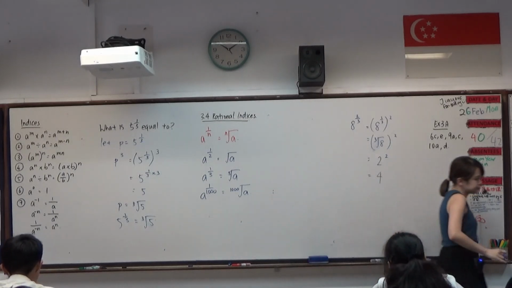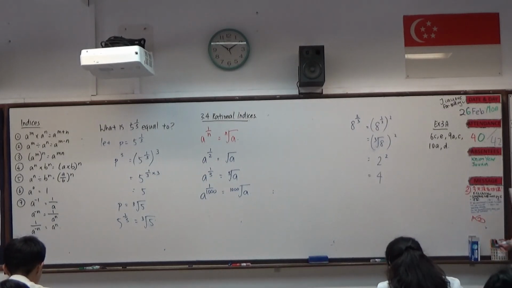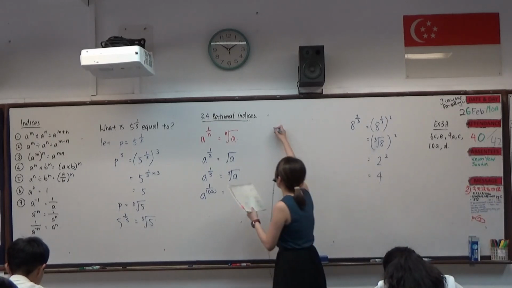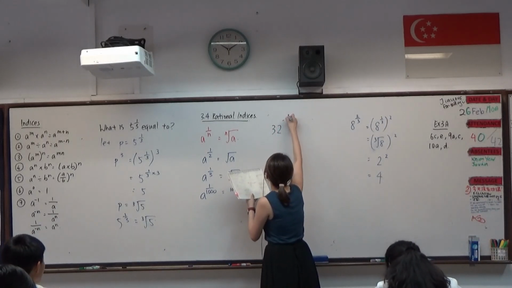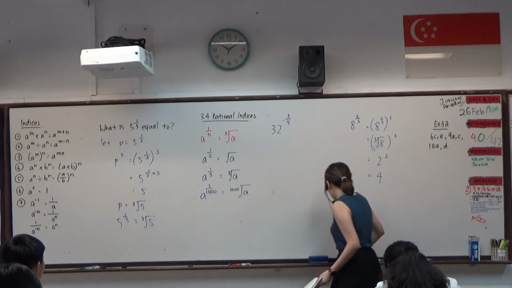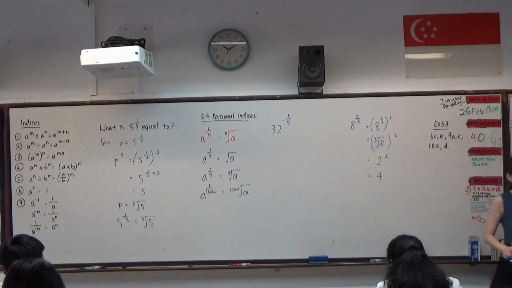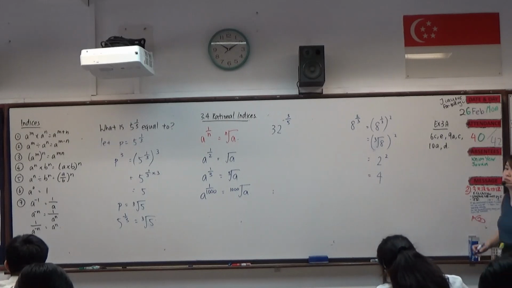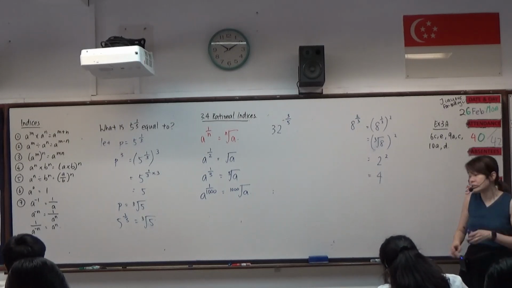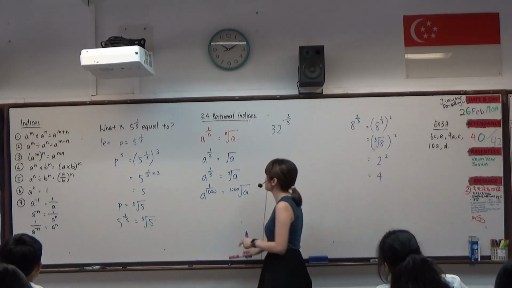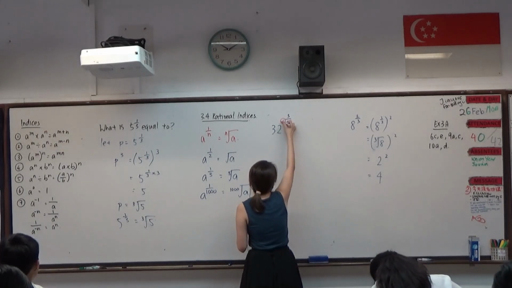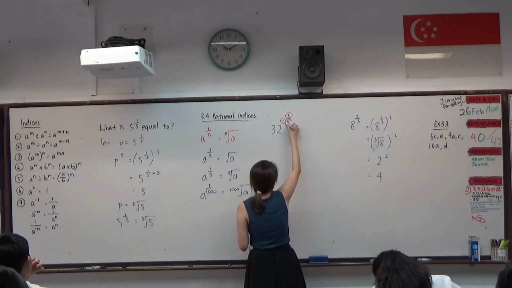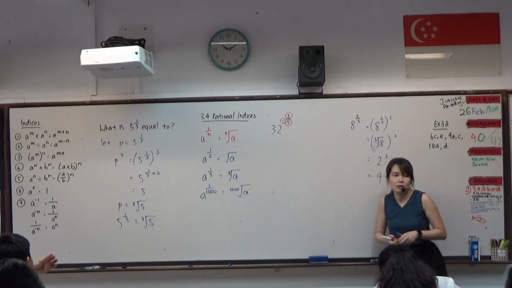Let's put together a lot of things that we already know so far. 32 to the power of negative 3/5. We need to see this separately. We have the negative sign, we have the numerator, we have the denominator.